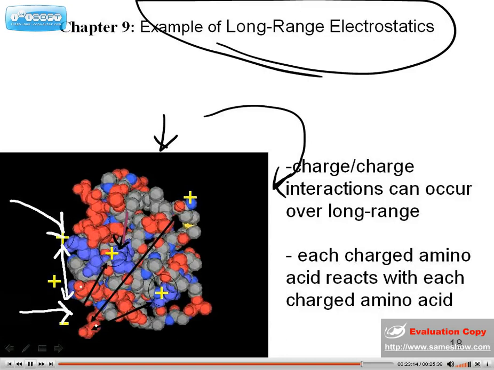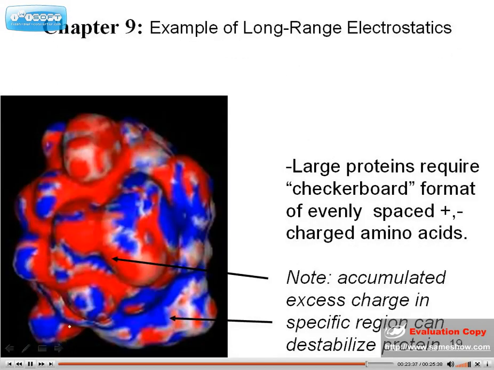Now, it turns out that the positives and negatives from multiple positively charged and negatively charged amino acids will have long distance interactions. So think of these as long invisible tethers which help keep the protein together. Now, here is a crude model summary showing the different positive and negative charge interactions.